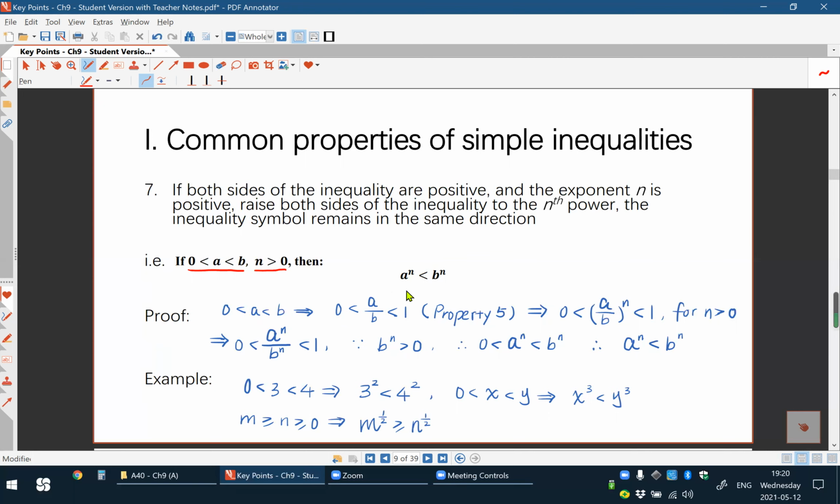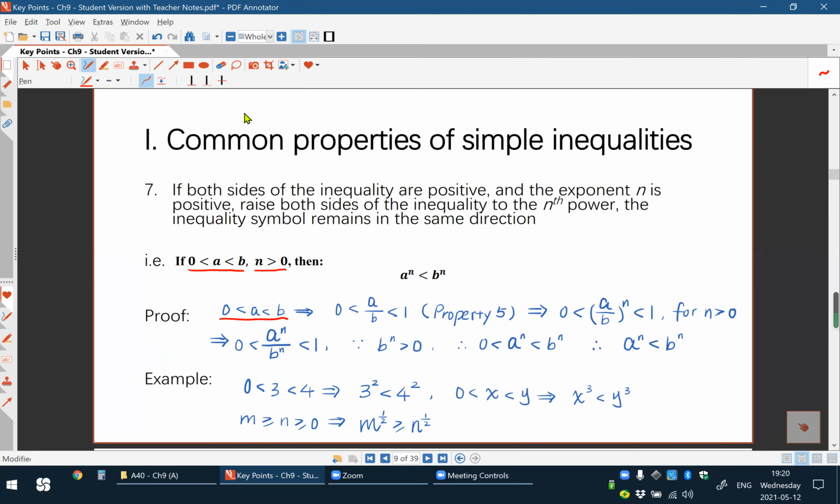Okay, so how do we prove this? We start from the given information, which is a is smaller than b and both a and b are above 0. From this inequality, we can divide both sides of the inequality by b, right?